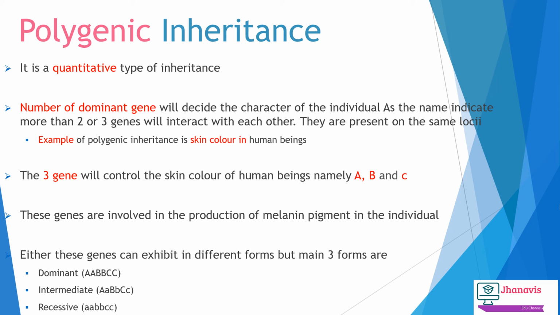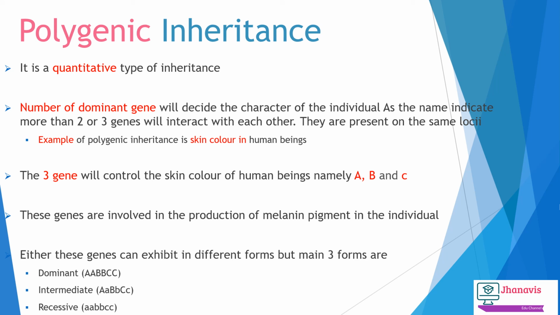If all the 3 genes A, B, C are present in the dominating condition, then the individual will have the maximum amount of melanin and look very dark in color. Whereas if all the 3 genes are recessive, then the individual will take up the white color with no melanin pigment.